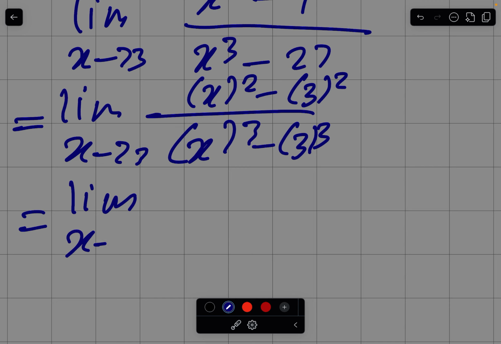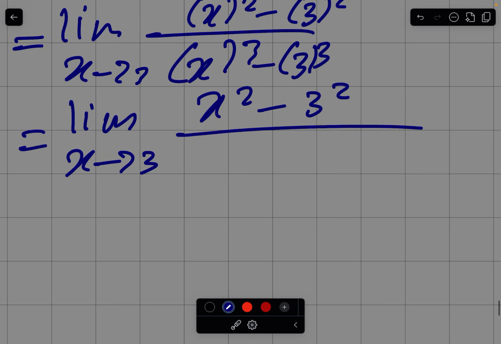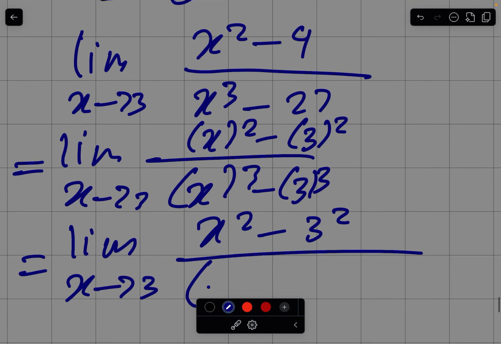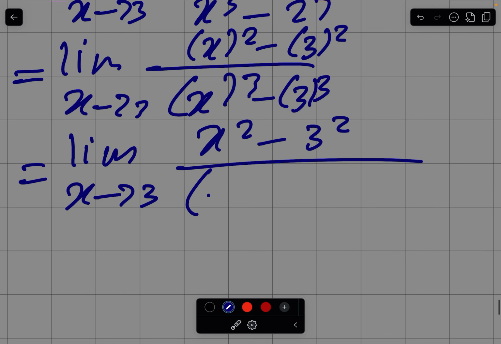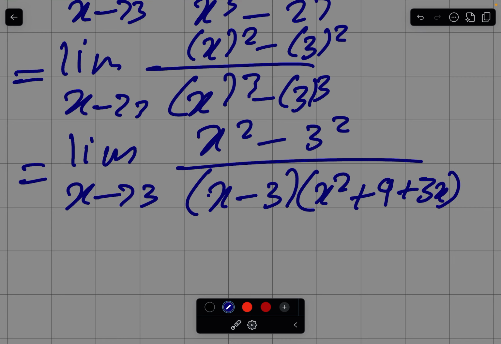We have the limit as x approaching 3. We have x cubed minus 3 cubed. We have our property there, meaning we're going to have x minus 3, x squared plus 3 squared, which is 9, plus ab, which is 3x.